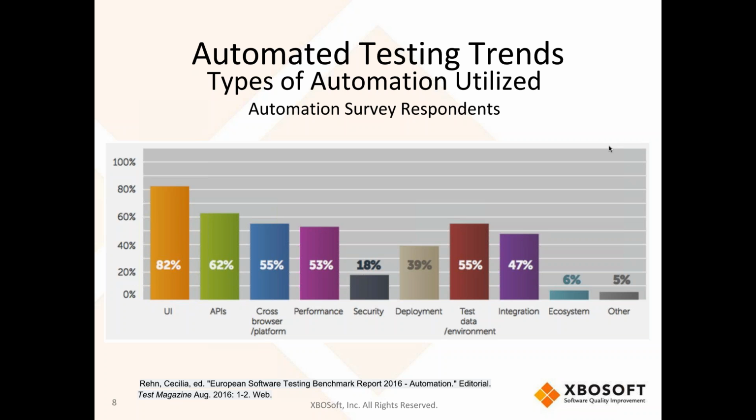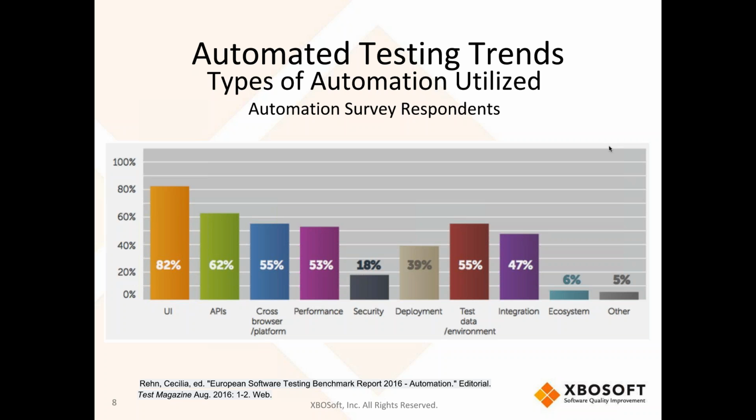A survey that was recently done in Europe shows the different types of automated testing taking place at different organizations, and it gives the percentages of the types of testing. You can see that 82% is UI testing, which would make sense because those are the customer-facing aspects.